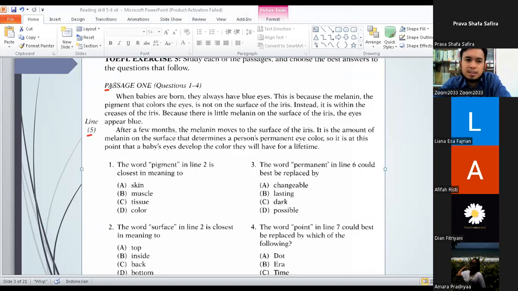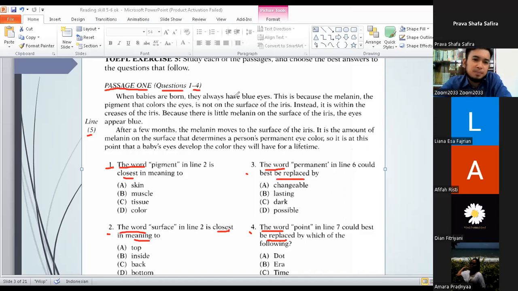Passage 1 is for questions 1 until 4. Some of the questions must be about the word: the word blah blah, replace, meaning, closest meaning. What else? The closest meaning again, and also can be replaced by. So these are the questions that we can analyze.